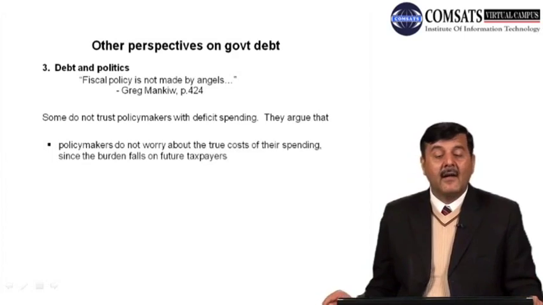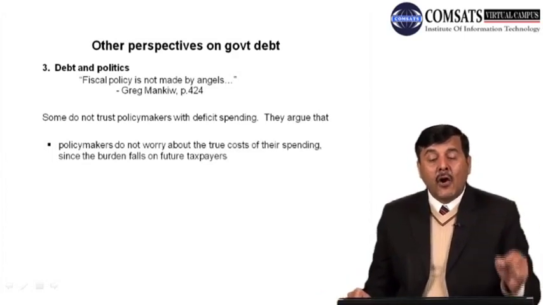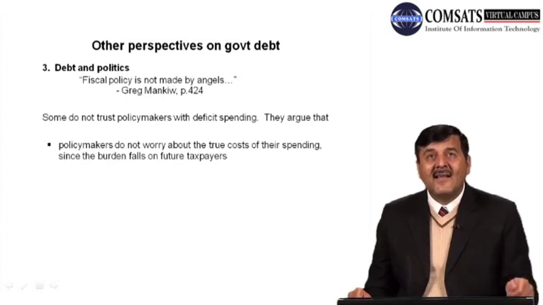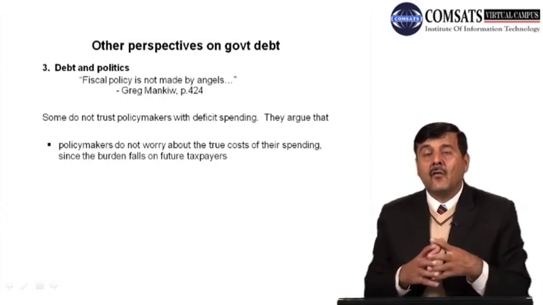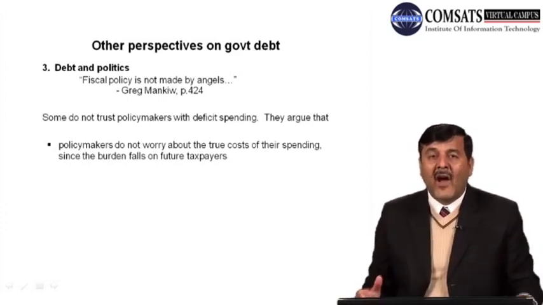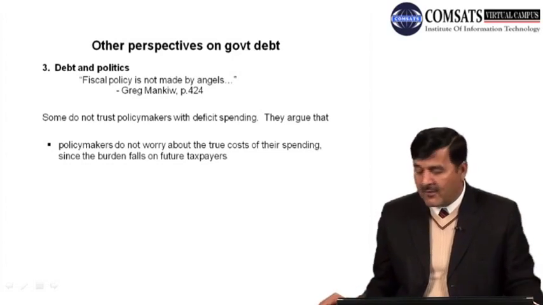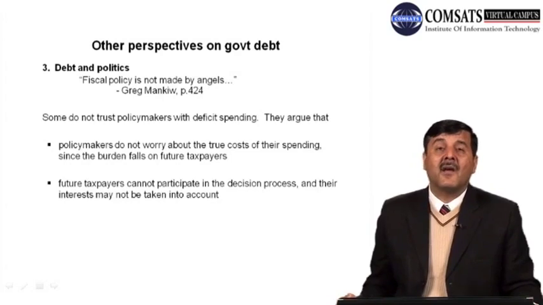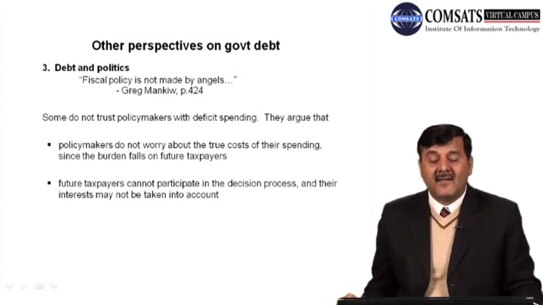They argue that policymakers do not worry about the true cost of their spending, since the burden falls on future taxpayers. So the policymakers do not bother at all about what is going to happen to future generations. Future taxpayers cannot participate in the decision-making process, and their interests may not be taken into account.